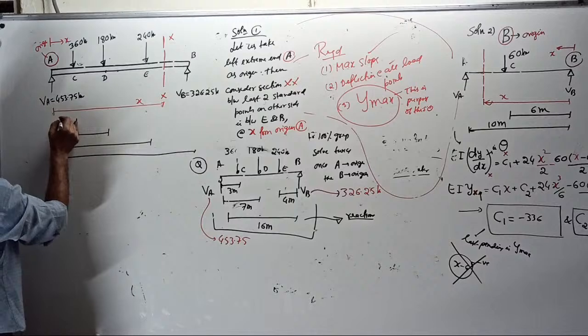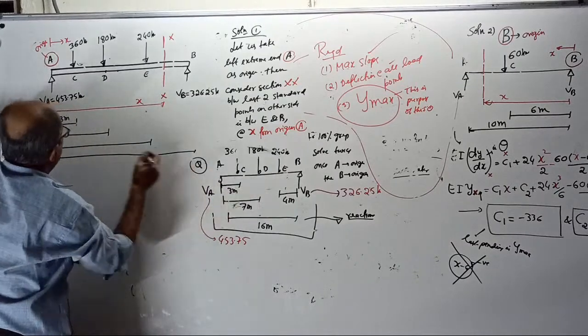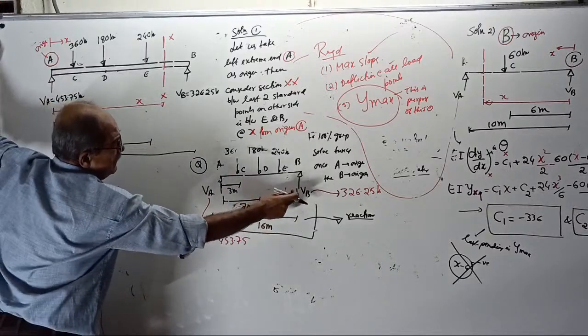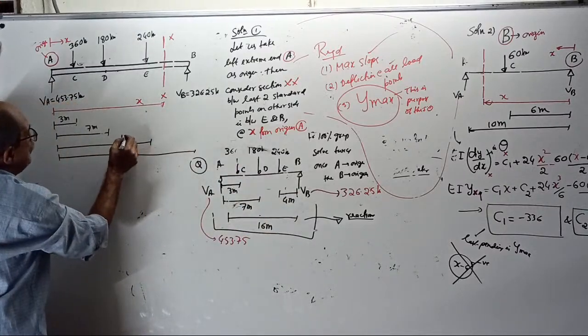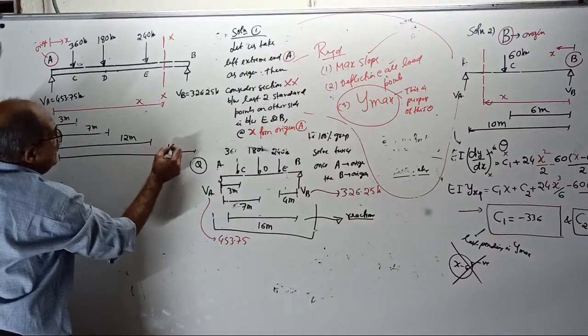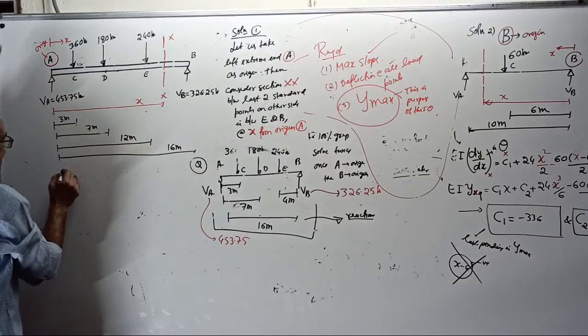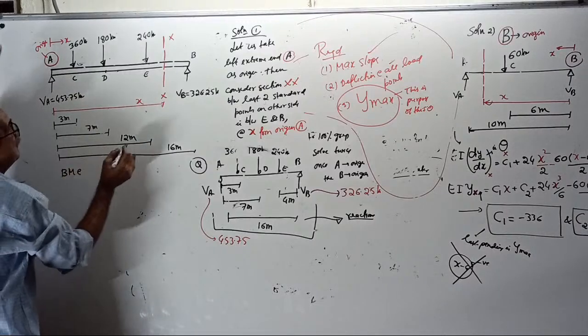This is 3 meter, this is 7 meter, since this is 16 meter, this is 4 meter, this is 12 meter, this is 16 meter. Every marking from A.